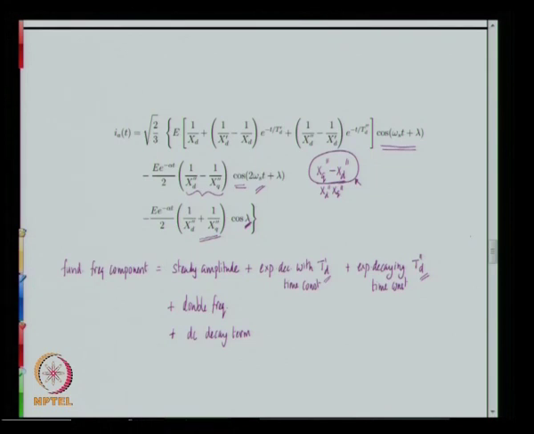Now if we draw the graph of this waveform, then you notice that these exponentially decaying terms will obviously decay down to 0 as t becomes much larger than Td dash and Td double dash.